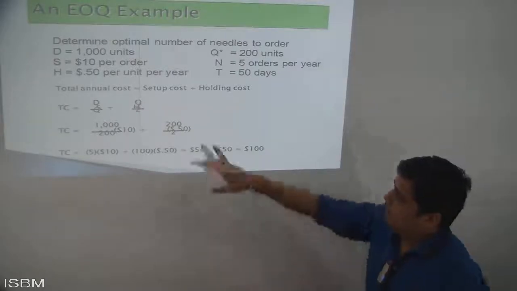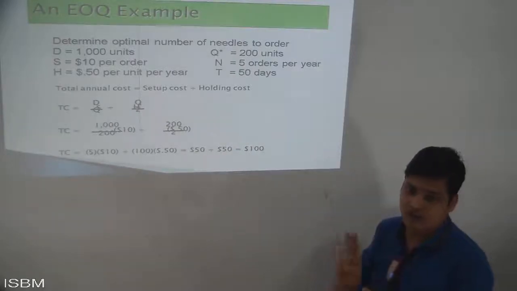So total annual cost. Total annual cost is nothing but ordering cost plus holding cost.